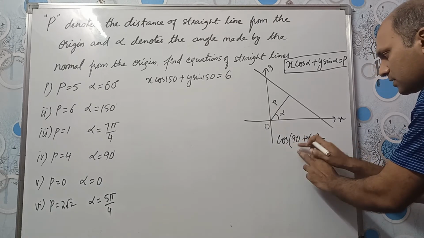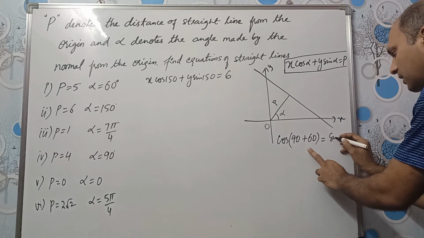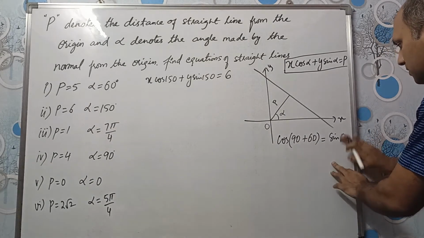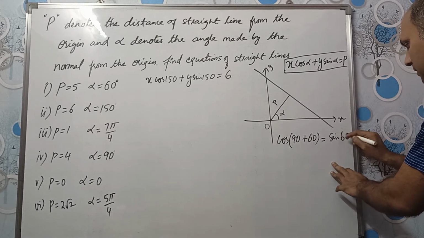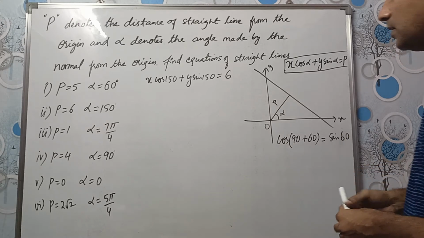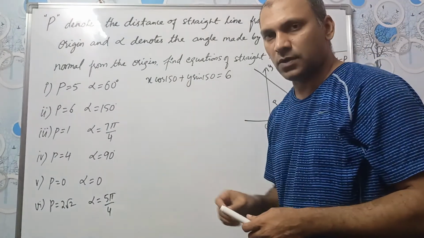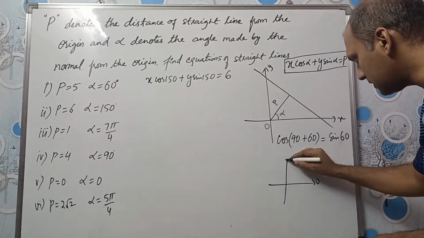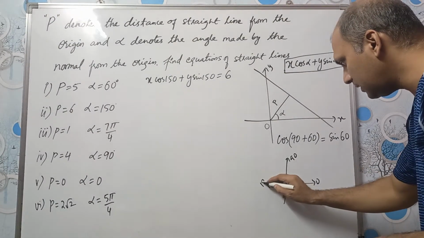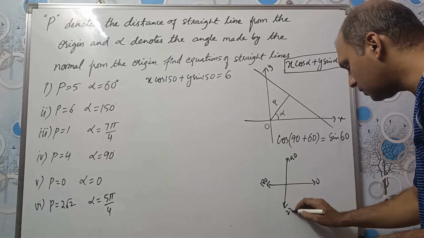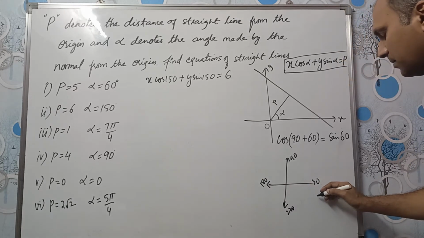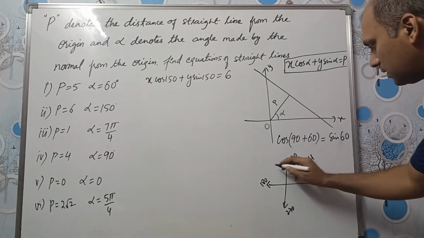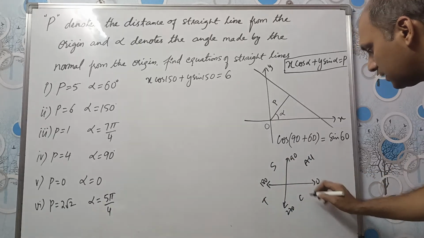Okay, cos of 90 plus theta will be minus sin theta, so we will have sin 60 here. But 150 lies in the second quadrant. Okay, see, this is 0 degrees, this is 90, this is 180, and this is 270, and again 360 will come here, right? So, all silver tea cups.